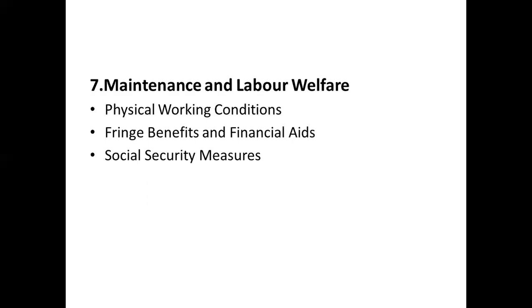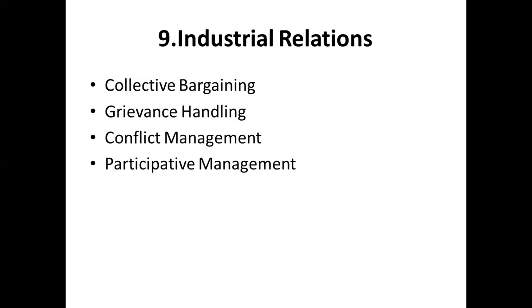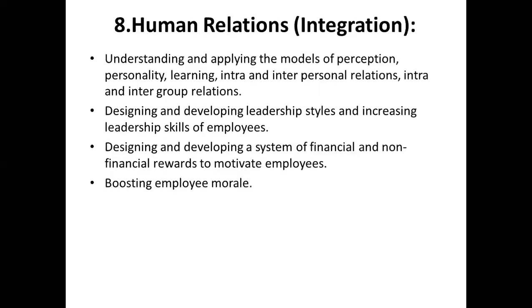And next is maintenance and labor welfare. We need to have better physical working conditions, and fringe benefits should be given like loans, medical facility, housing facility, education facility, and social security measures like workman's compensation, maternity benefit, sickness benefit, and disablement benefit. And then you have human relations integration.